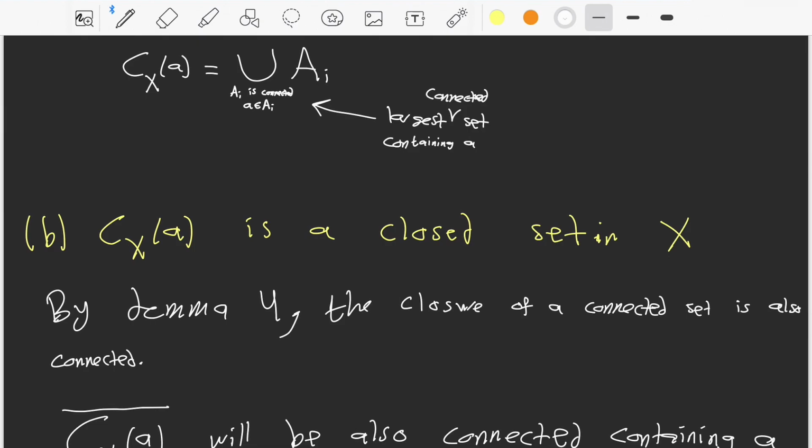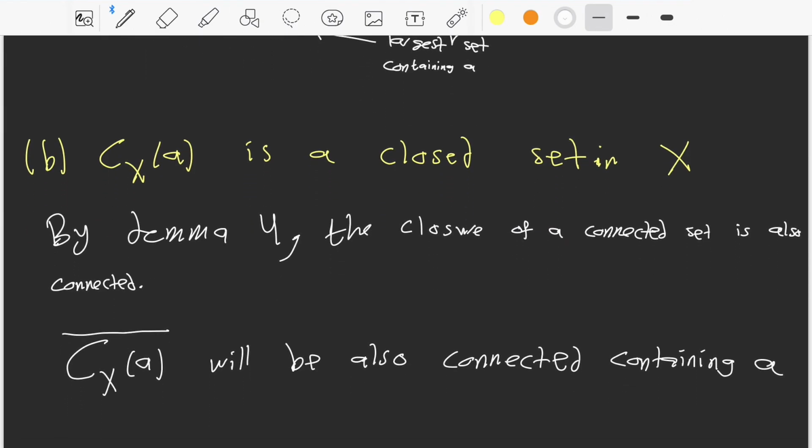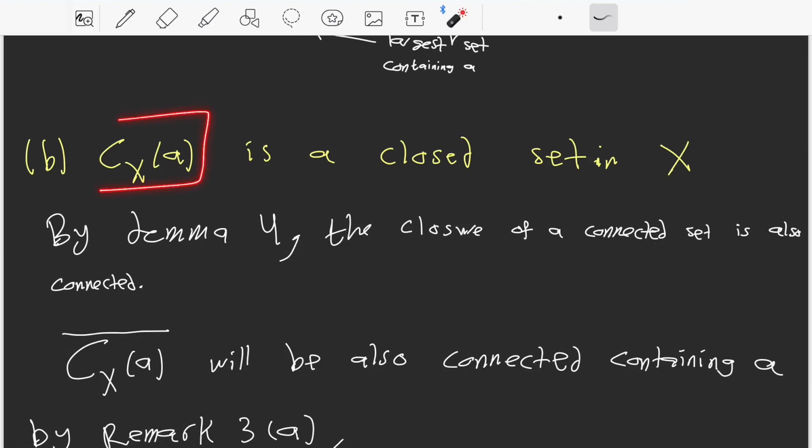Containing A. Now, by remark 3, part A, if you remember, we have C_X of A is the largest one. Now, the closure, of course, may be larger than this one, so they must be equal.